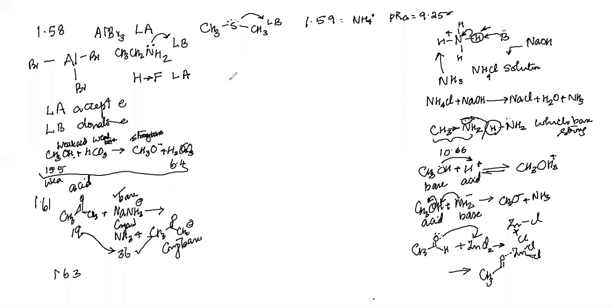Now, pyridine plus acetic acid. This is pyridine, plus acetic acid, CH3COOH. Now remember, pyridine has a lone pair of electrons here. This is an acid, and the H on the OH bond can be taken by a base.